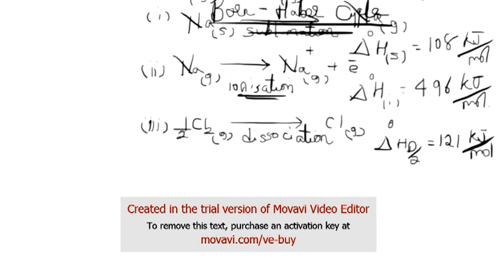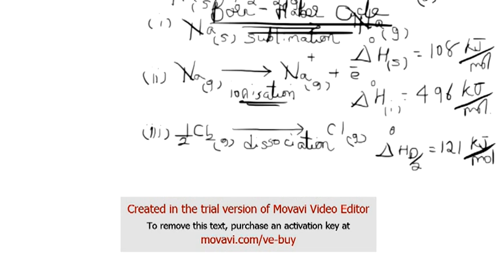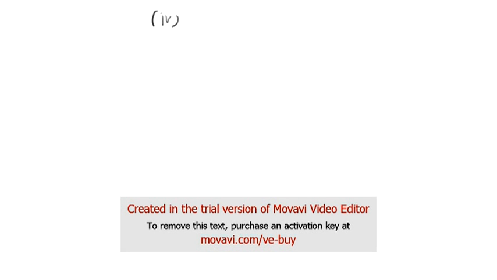The fourth step would be the dissociated chlorine atom gaining one electron and getting converted into a chloride ion, and the energy involved here would be the electron gain enthalpy.